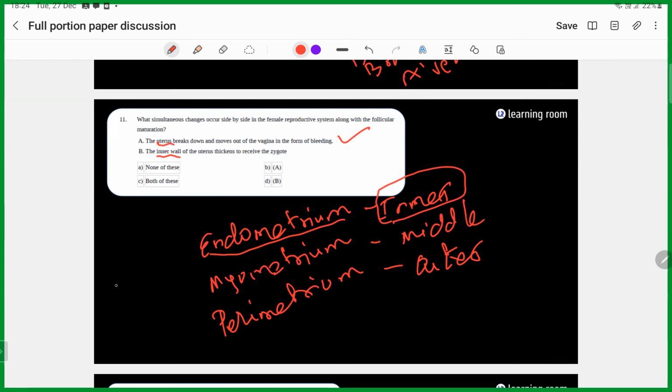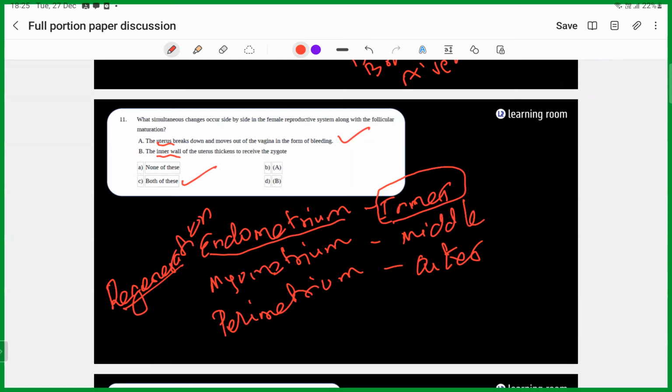So it represents the regeneration of endometrium. Both processes are actually connected with the regeneration of the endometrium. So then in that case, the option is both of these. Okay.